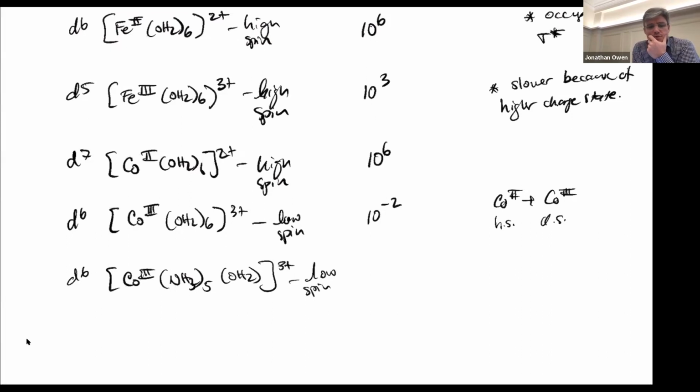How is ammonia different than water? It's a stronger donor. Ammonia is a stronger donor. It's a base. If you dissolve ammonia in water, you get a basic solution. Good for cleaning stuff, like windows. And it's a stronger donor that will neutralize the charge. So you have a low spin, 3 plus ion.